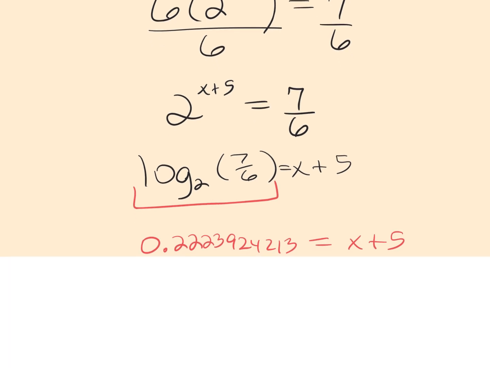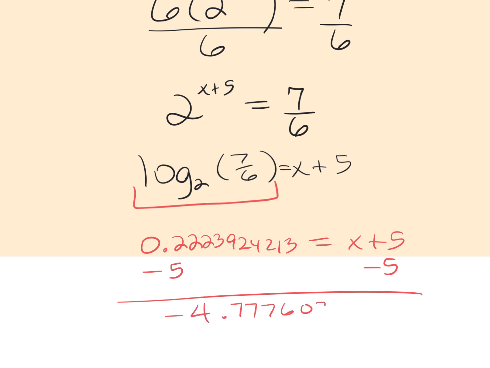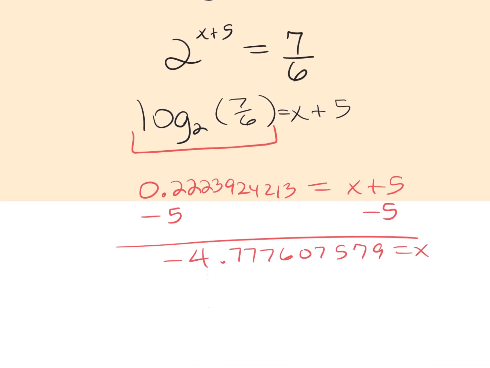And now to isolate x, all I have to do is subtract 5. And you end up with negative 4.777607579. Rounded to 3 decimal places, this 7 looks at the 6 and it tells you you're rounding up. So negative 4.778.